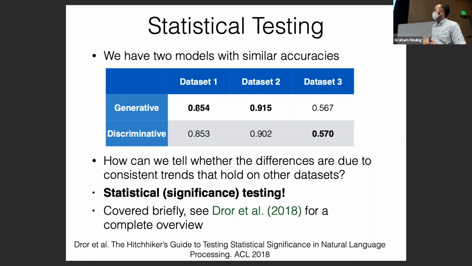And so, for example, you could have a very robust, statistically significant result between the generative and discriminative model on data set 2, but still have their confidence intervals overlap. The reason is because there's harder and easier data sets. But regardless of whether the data set is harder or easier, the generative model is always better, for example.